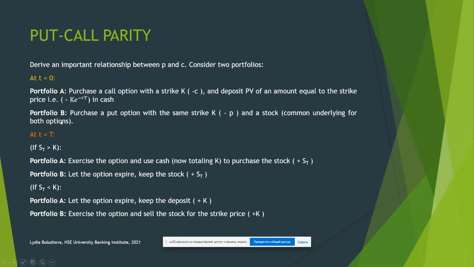One is a call and cash that equals the strike price. Another one is a put and a stock. We can consider cash as a bond, for example, because it pays me the risk-free rate, and that's why I can say that this is a risk-free rate bond. So I have two different portfolios, but they have identical results.